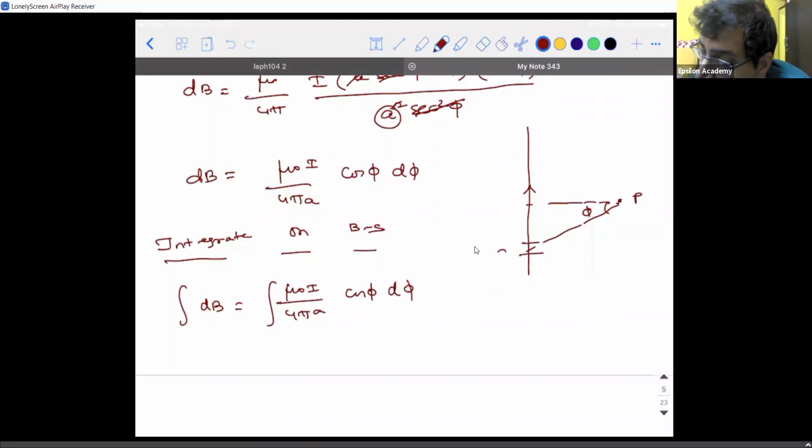But I told you in the beginning of this derivation that this conductor is of finite length. So here, when you're integrating, observe the expression, phi is a variable. So it is our job to find what would be the extreme values of phi for which you can cover the whole conductor.